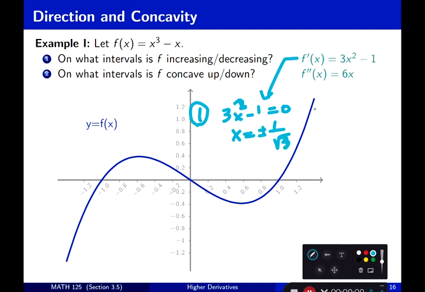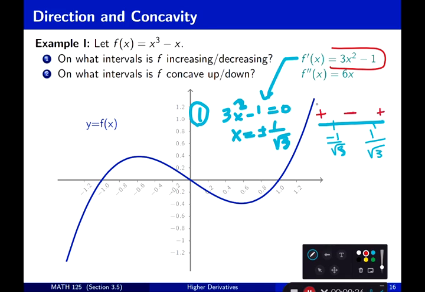And then you have to draw the number line with negative 1 over square root of 3 and positive 1 over square root of 3. And then in here, you observe that this is a parabola, and it's going to be positive here, and it's going to be negative here.